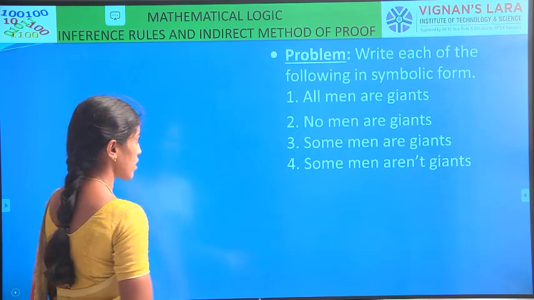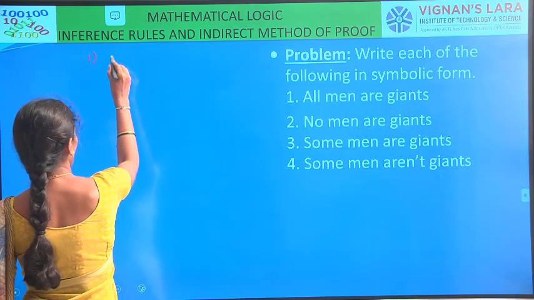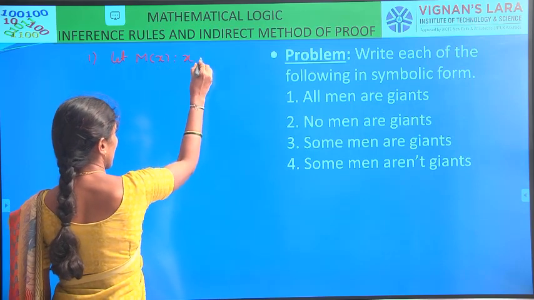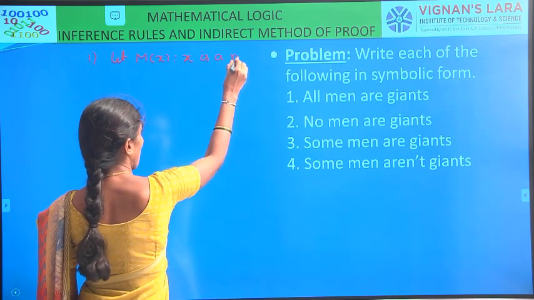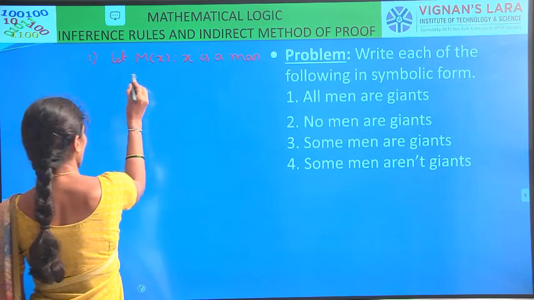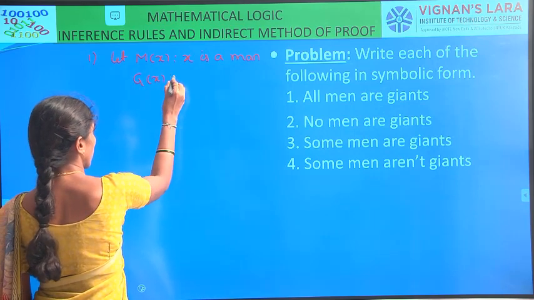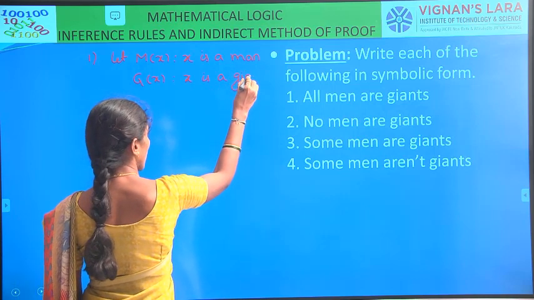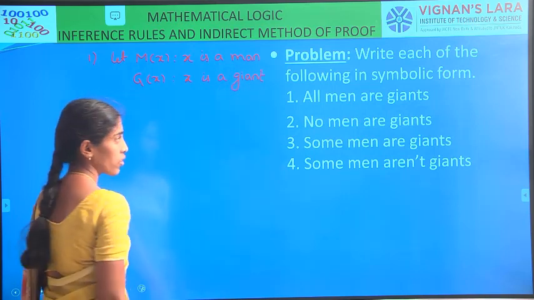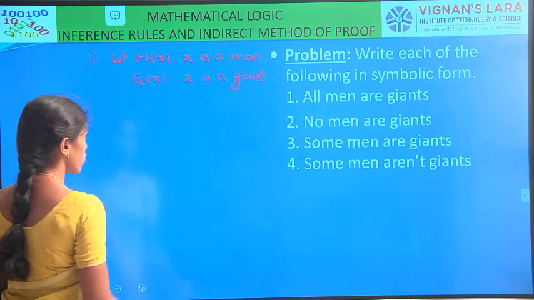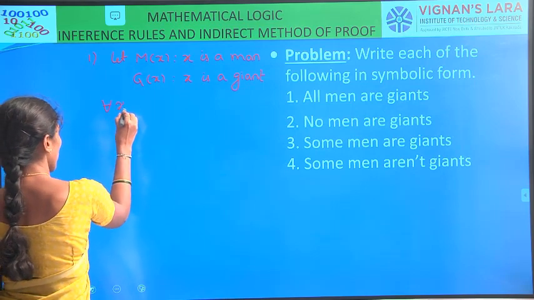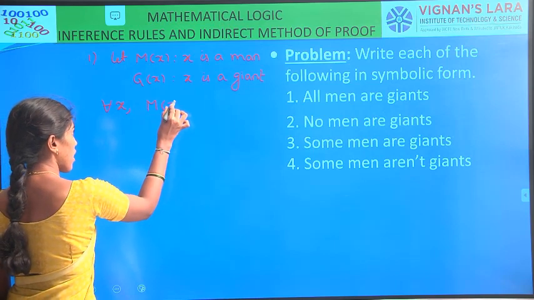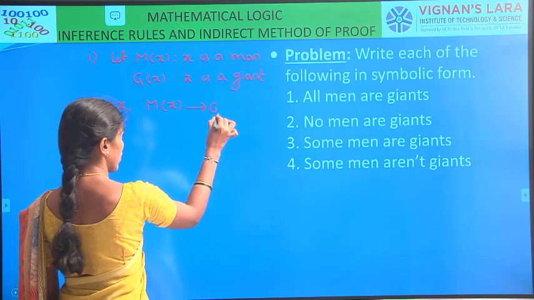See here the first one. Let M of x represent x is a man and G of x represent x is a giant. So all men are giants. All is there, so we need to write for every x, if x is a man, then x is a giant.